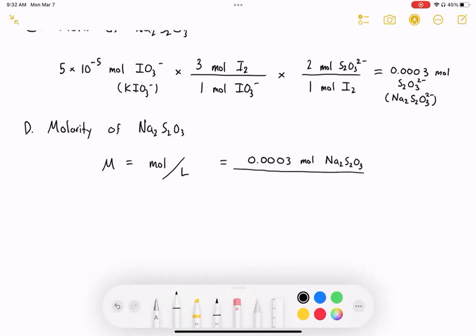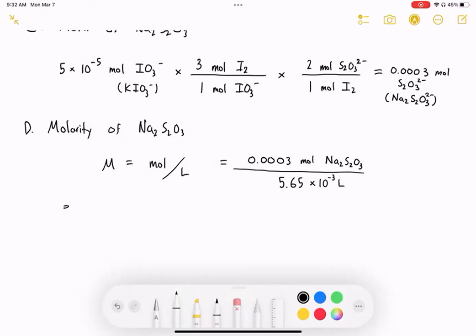Okay, so your volumes may vary. I'm just going to use a made up one. I'm going to do 5.65 times 10 to the negative third liters, because we need to put it in liters, right?